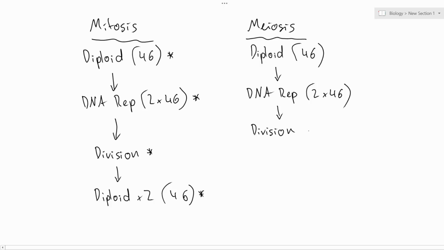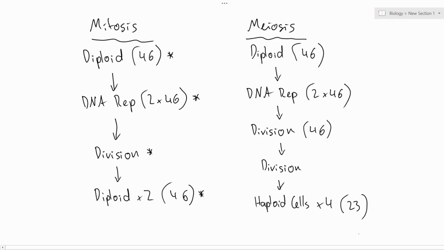So those cells divide, and now each of those cells, rather than having a double set, is back to just a single set, 46, so they're diploid. But the key in meiosis is we have a second division. Now what this second division does is results in us getting haploid cells to the tune of 4. So we now have cells with 23 chromosomes within.